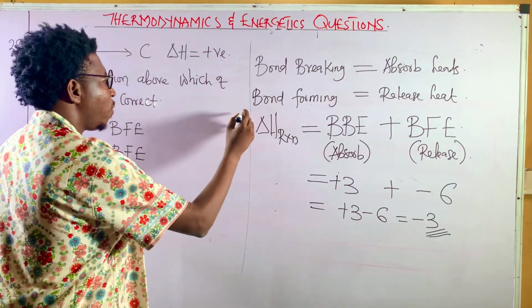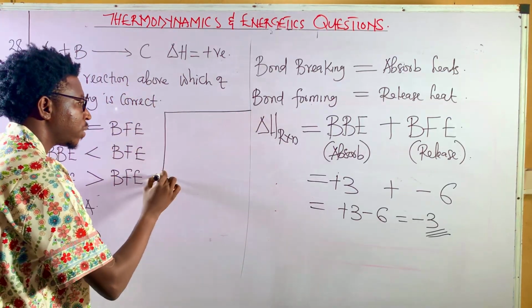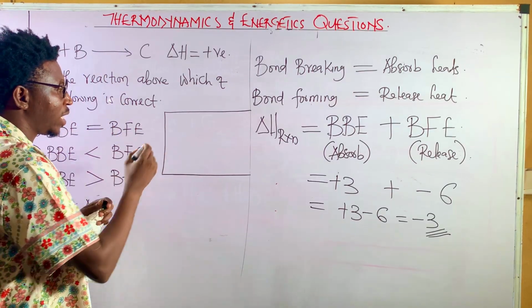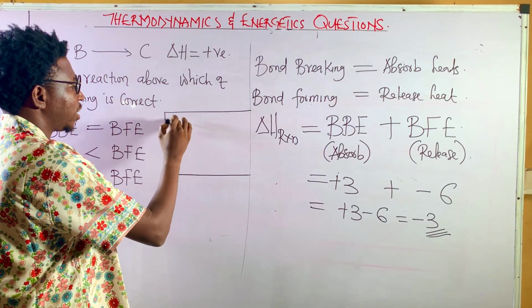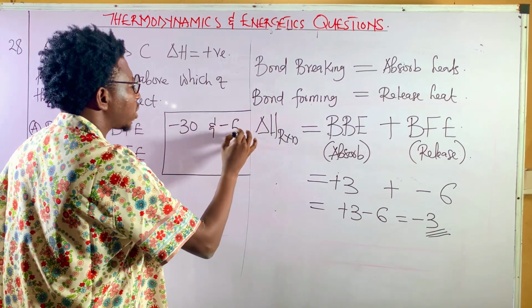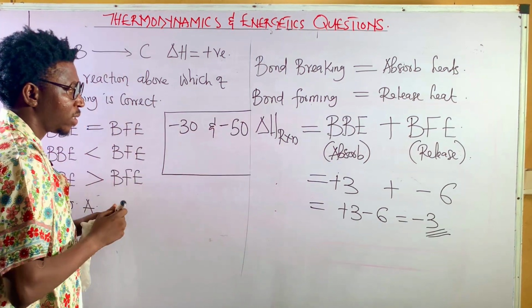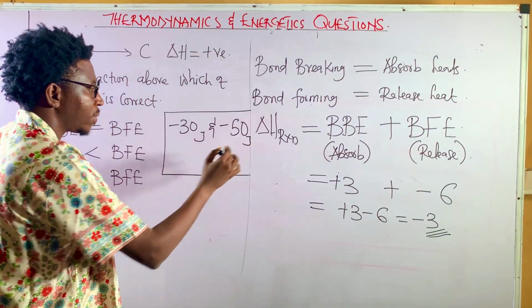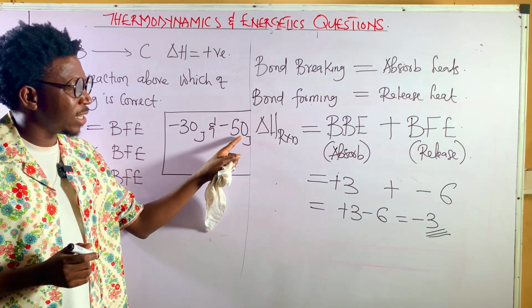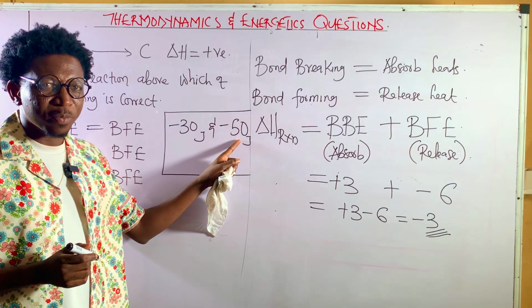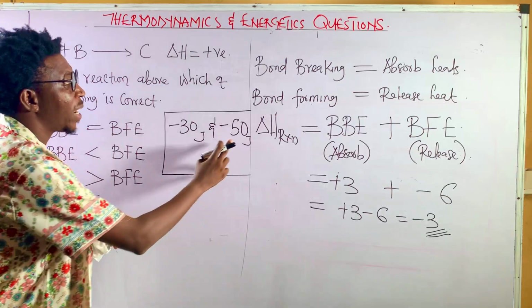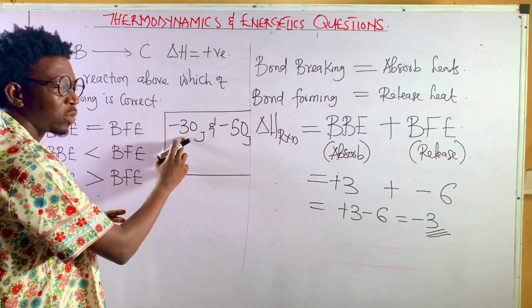Now, I want you to take note of this. For example, we are given something like delta H minus 30 and minus 50 joules of heat. One thing you should know, the sign does not affect the magnitude. Mathematically, we would say that minus 50 is less than minus 30.